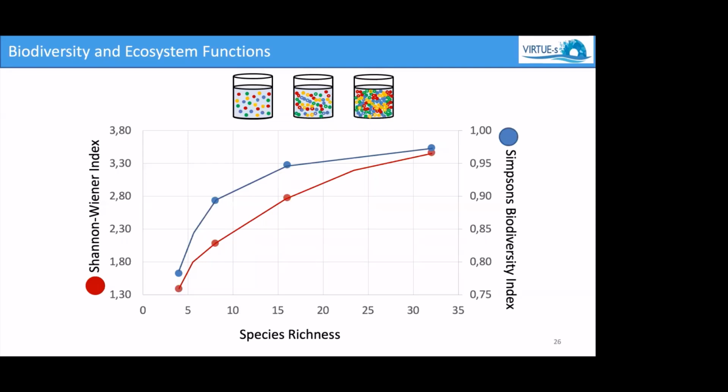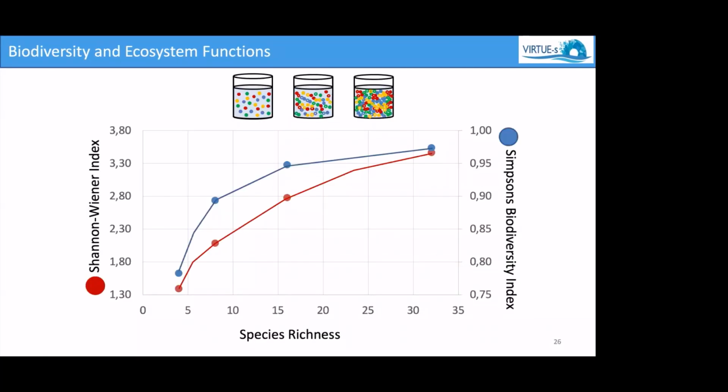The problem is, if we plot the Shannon-Wiener index and the Simpson's biodiversity index in relation to species richness, the line is not linear. So the increase in diversity is not linear. So what? If it's not linear, what's wrong with that?